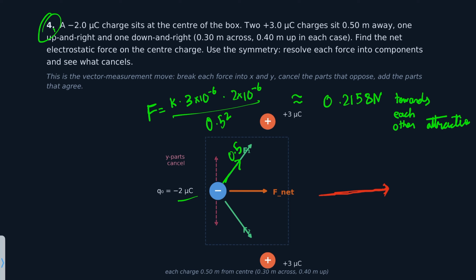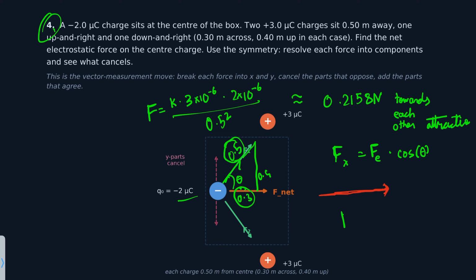And then how we're going to find the horizontal force is we need to find the force Fx. So force Fx is just this force that we have, force electrostatic, times cosine of theta. Since this is our theta, with sides 0.3 and 0.4, cosine of theta is adjacent over hypotenuse.